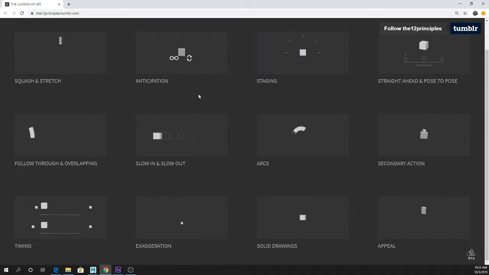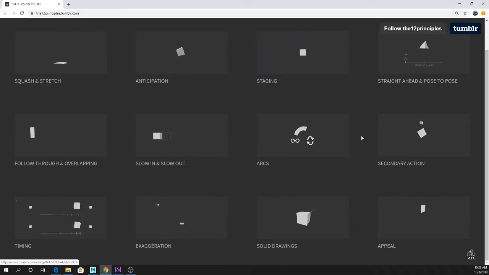It both makes the motion look more fluid and natural, and also gives the viewer an idea of what might be happening. Also consider that if you've ever tried to jump straight up in the air, it's really hard and nowhere near as effective to do it without bending your knees a little bit first. So that's anticipation. And then the other thing that I look at a lot is arcs.